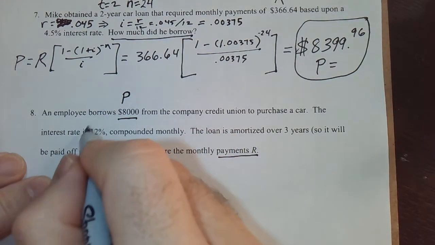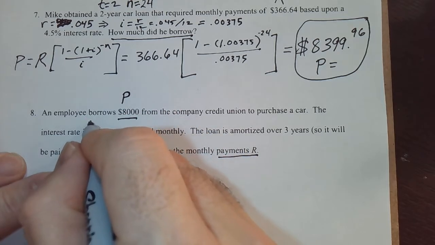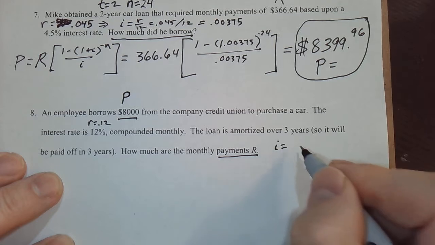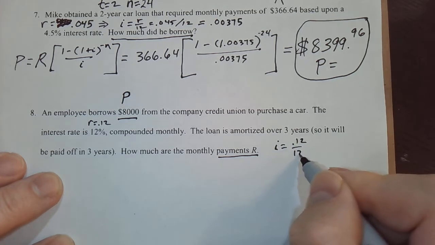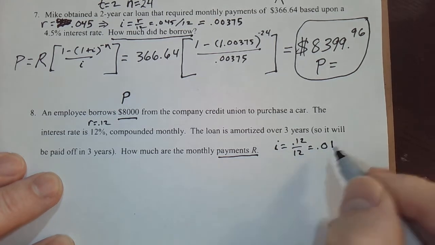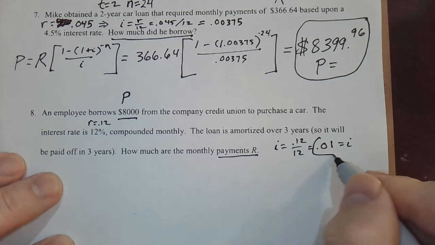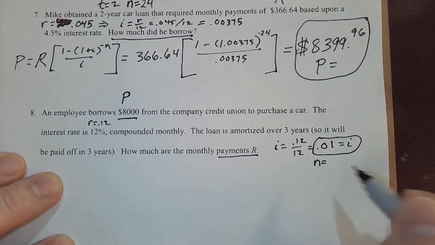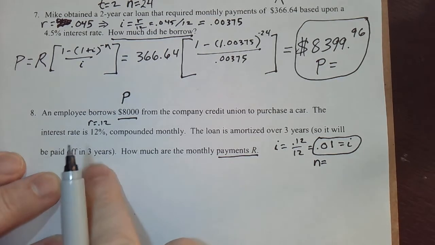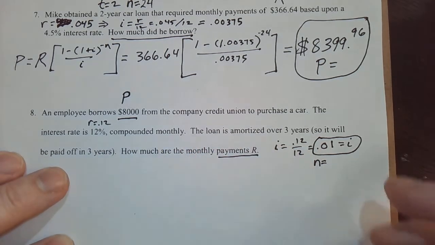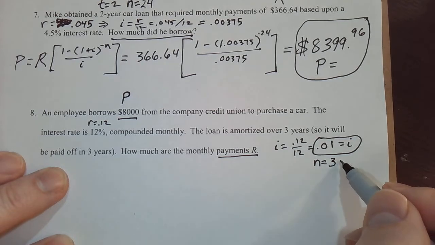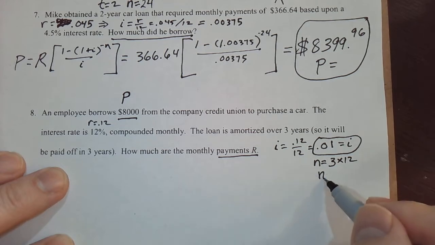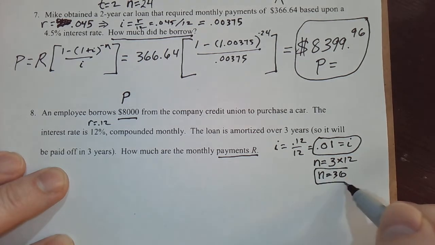Interest rate 12%, so that would be 0.12. Let me just write over here that I would be 0.12 over 12, which is 0.01, 1% per month. And then N, what do we know about N? It's a 3-year loan. That's the number of years times 12 payments per year. So N is 36.